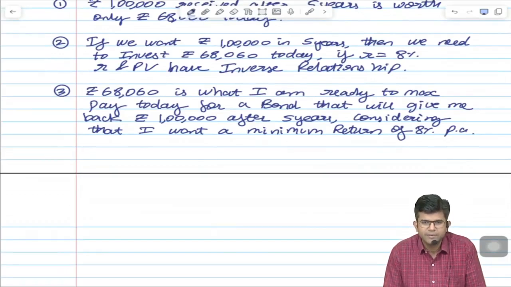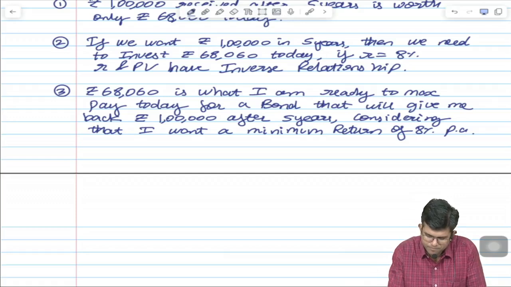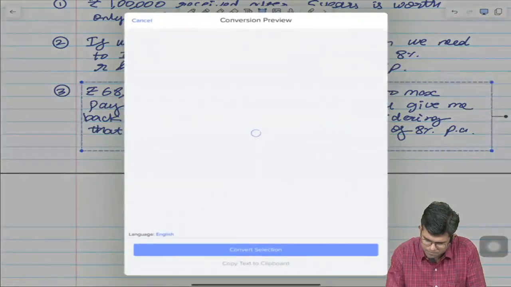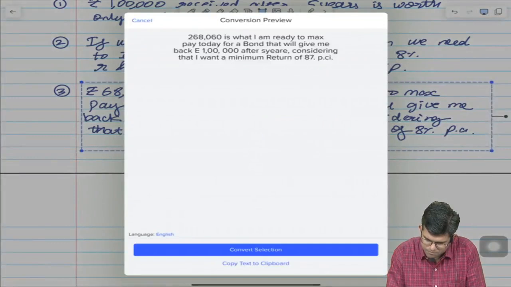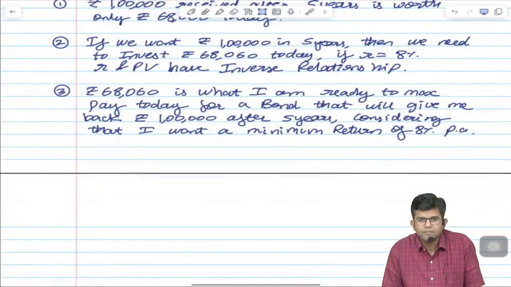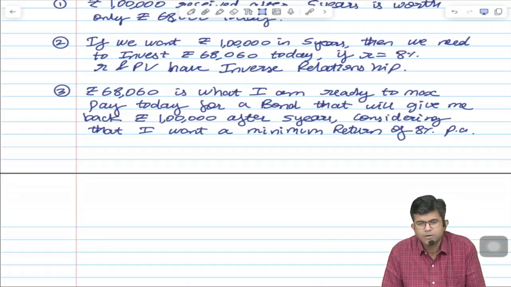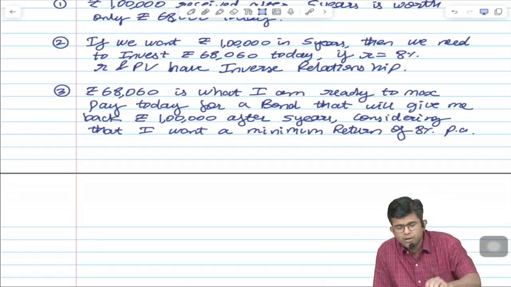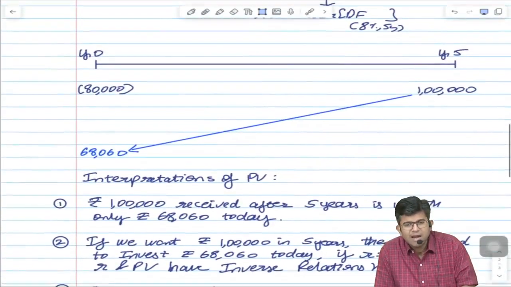Please read. Let me know if you are understanding. You're able to get it? So I am saying to this zero coupon bond, dear bond, you are giving me 1 lakh after 5 years.